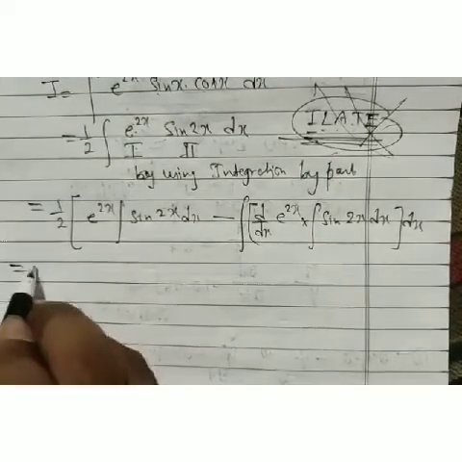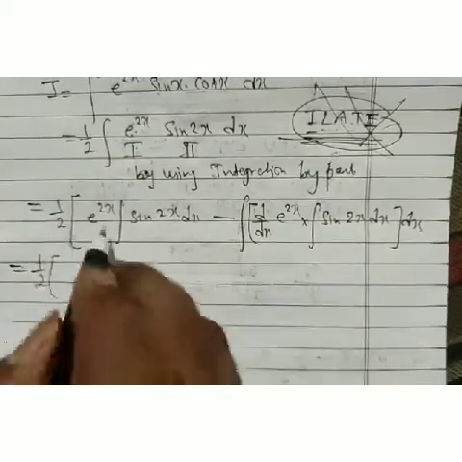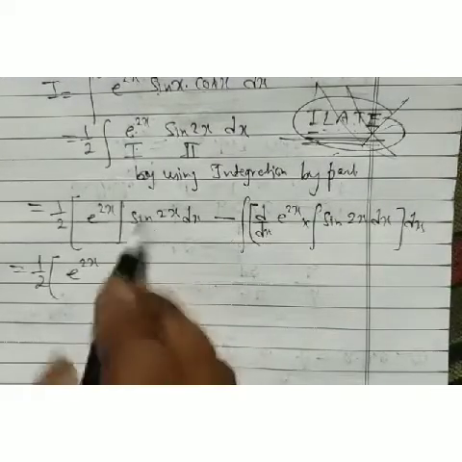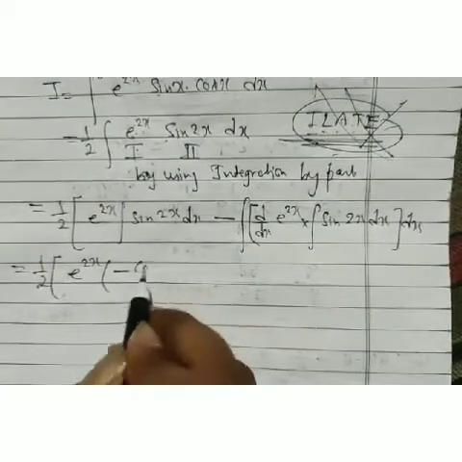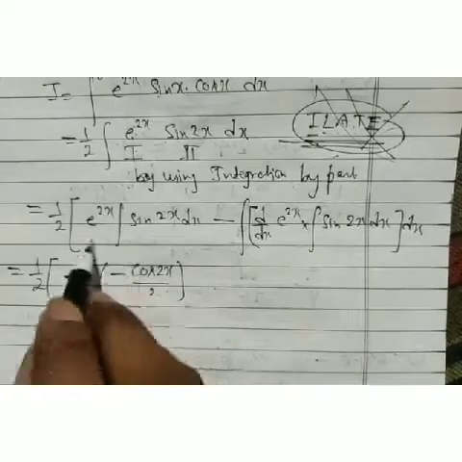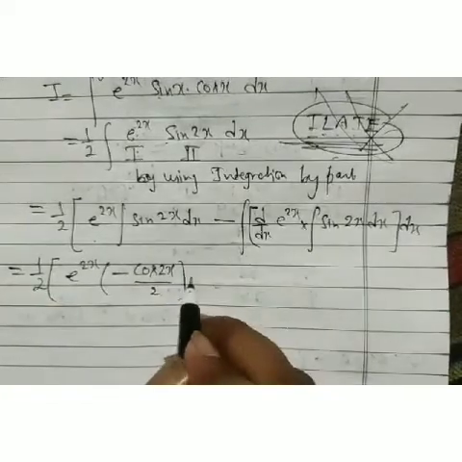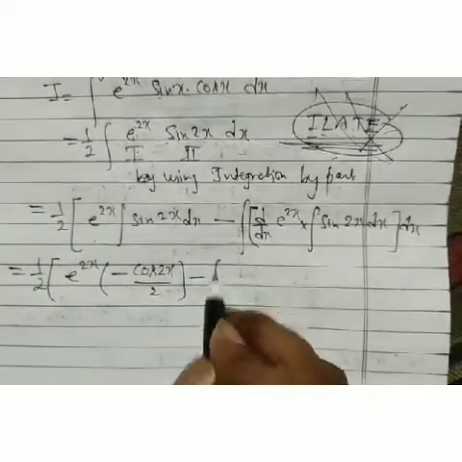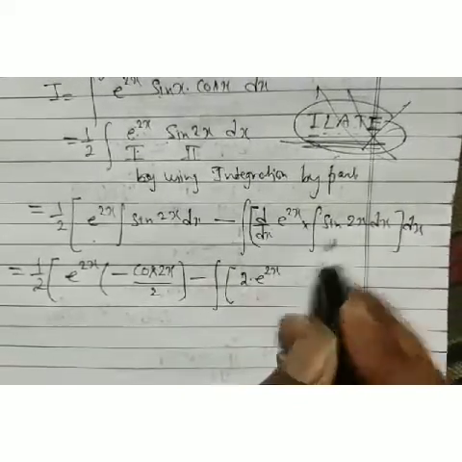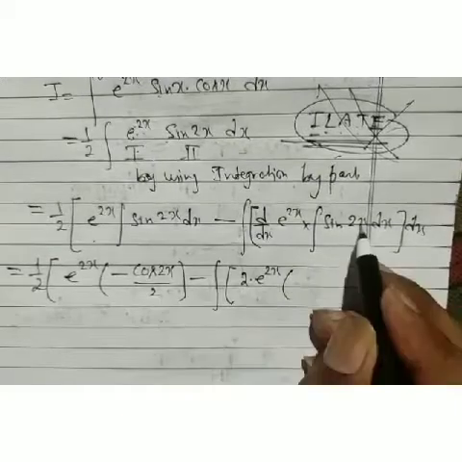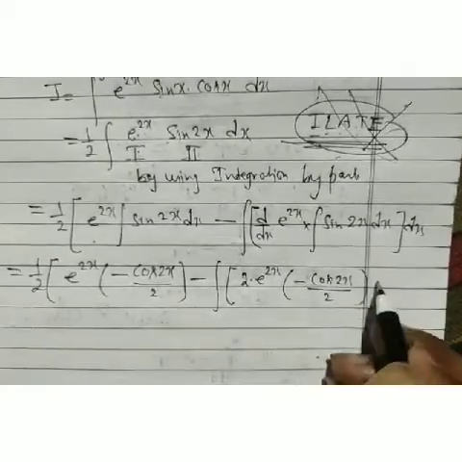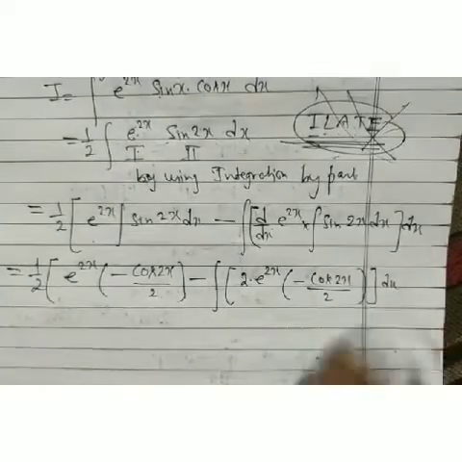Now what is the value of our sin 2x integration? It's 1 by 2 common to all, e to the power 2x as it is, and then the integration of sin 2x is what? It's minus cos 2x by 2. Then we get the solution of this first term. Now look what we get here: 2 into e to the power 2x, and then the integration of this minus cos 2x by 2, then the whole dx.